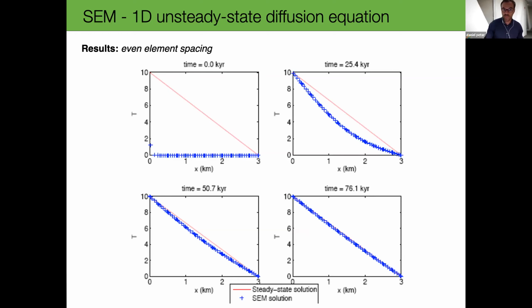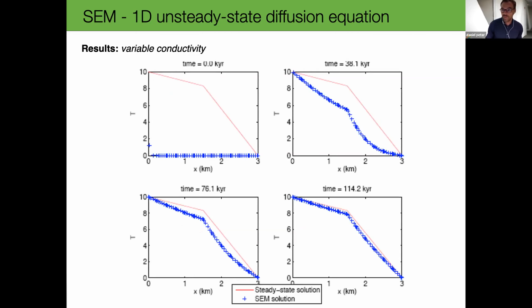You can again play around with the element spacing if you want, but also with the element properties. So if you want, we can choose different material properties and then see how that would affect your solution. And again, when you step long enough, you should reach the steady state solution. Good, that's it.